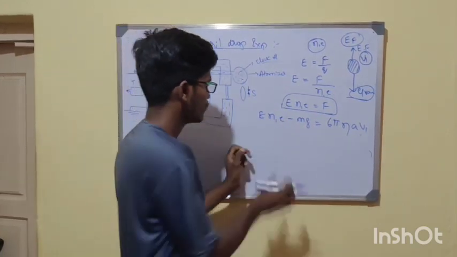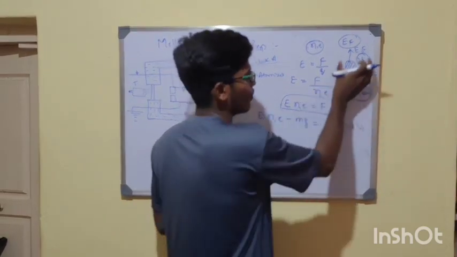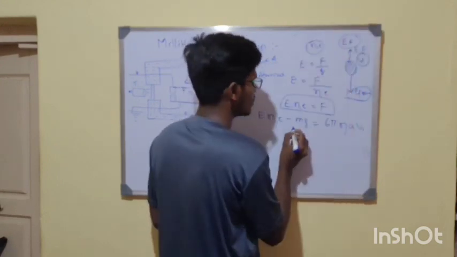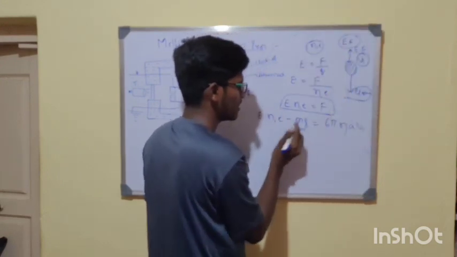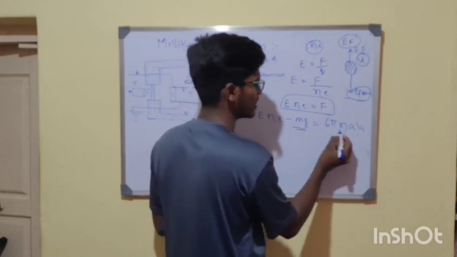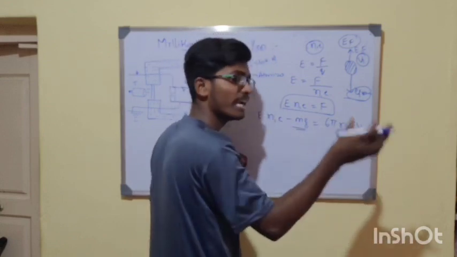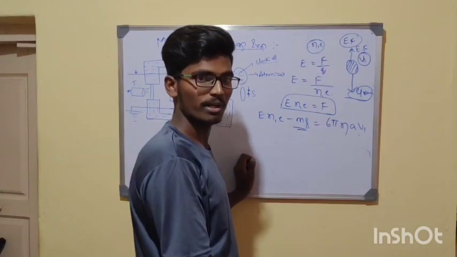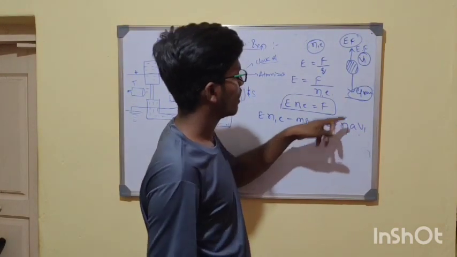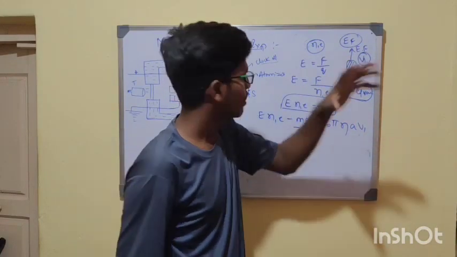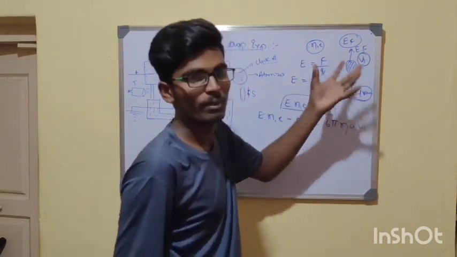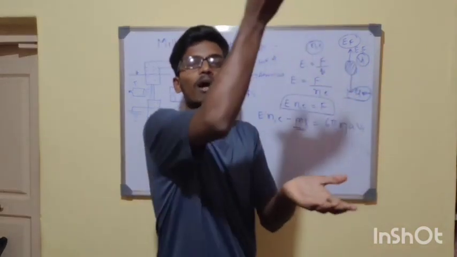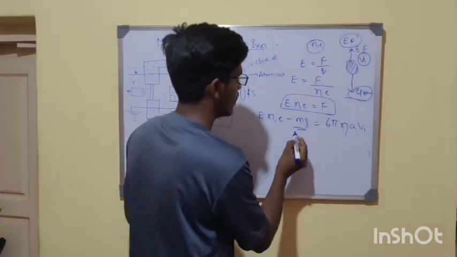So this is the electric force, which is pushing this oil droplet upward, and this is the force acting downward, and the difference is equal to the viscous force. This viscous force is also in the downward direction. That means this viscous force opposes the motion of this oil droplet which is moving upward.